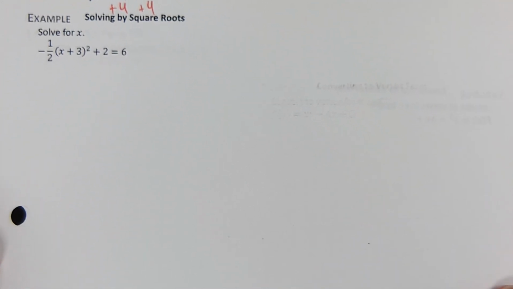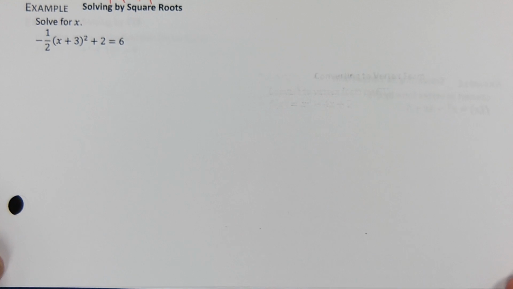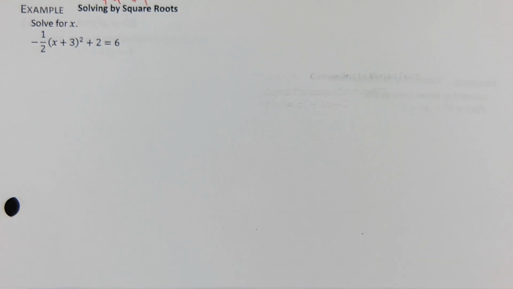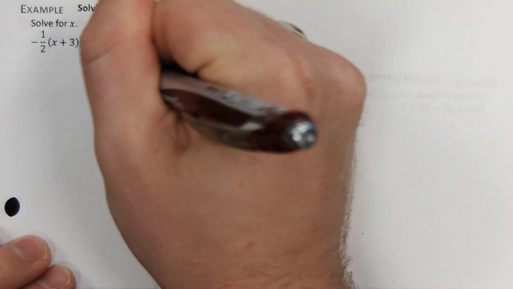Anyway, let's make the question slightly more complex. What's the first thing I'm going to do? Some people said subtract 2 from both sides. Let's subtract 2 from both sides.